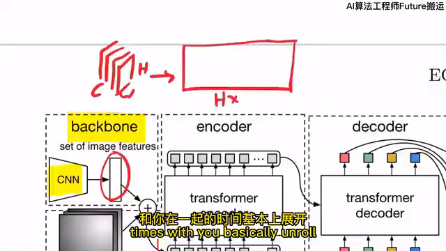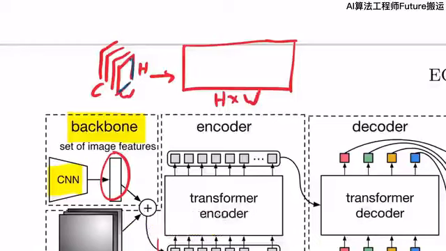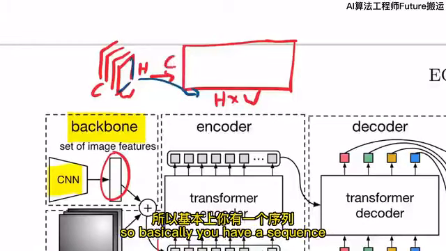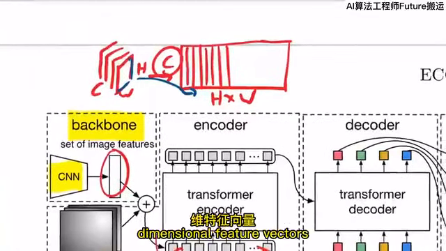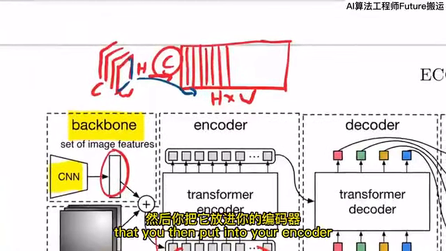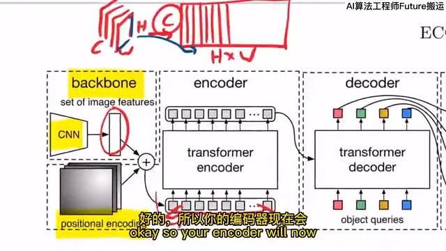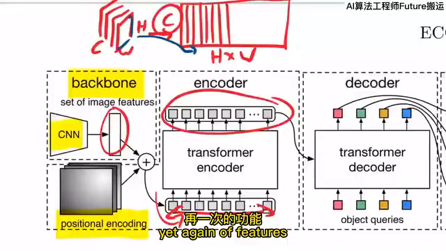So this is height times width. You unroll across these axes into this axis, and it's channel size. So you have a sequence of C-dimensional feature vectors that you then put into your encoder. Your encoder will now transform this sequence into an equally long sequence of features.